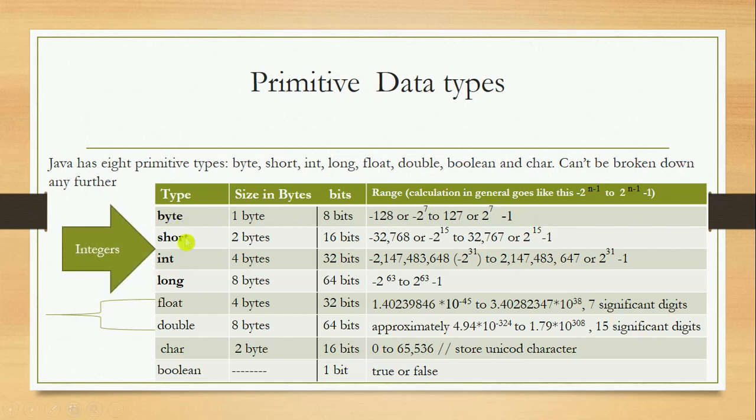Byte, short, int, long, they all are integers data type. Whereas float and double are fractions. They store decimal values. Byte, short, int, long, float, and double, they all are numeric data types.